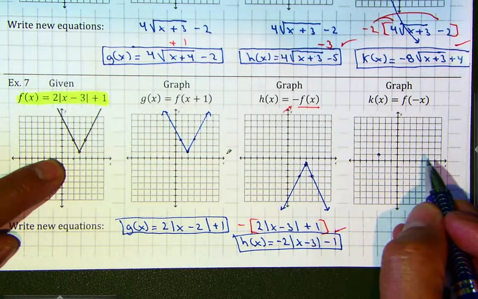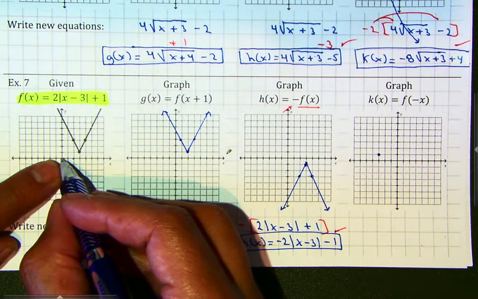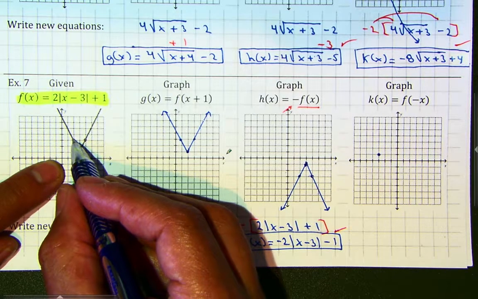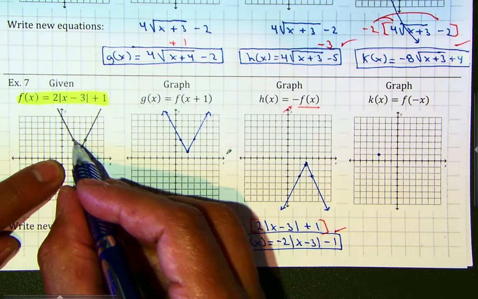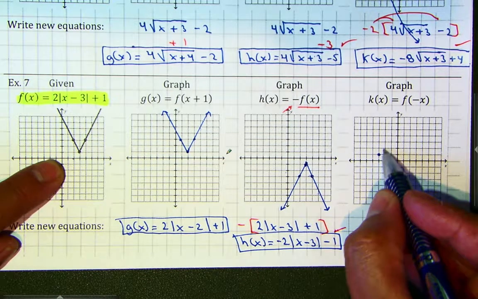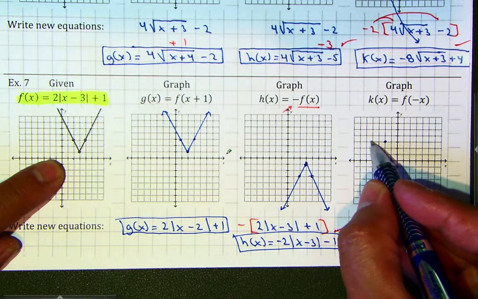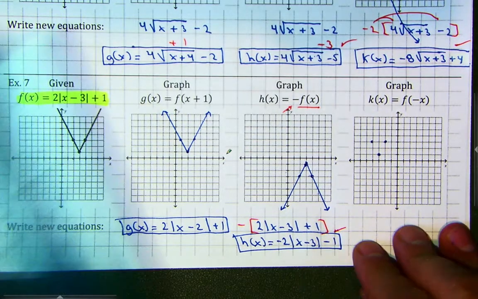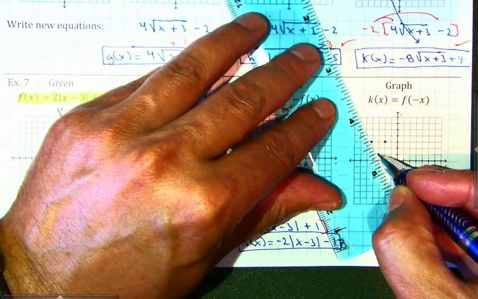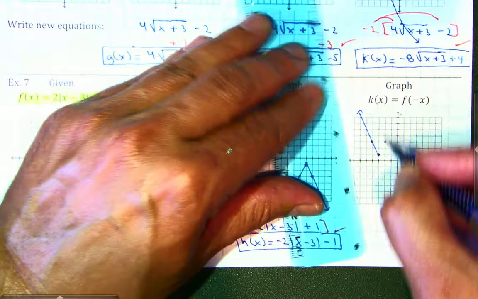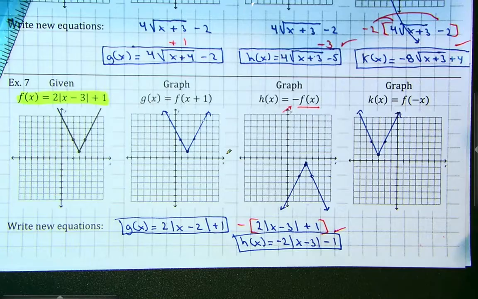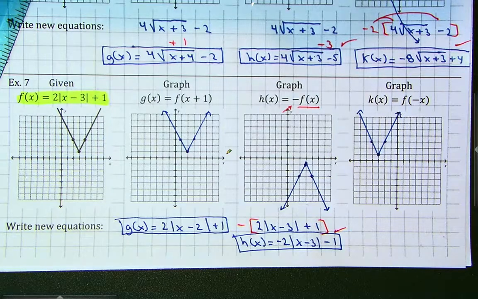Only the x values change. This will be 2, positive 3. So now it'll be negative 2, positive 3. And then the other point will be here.